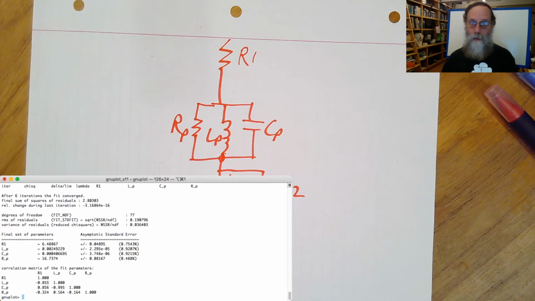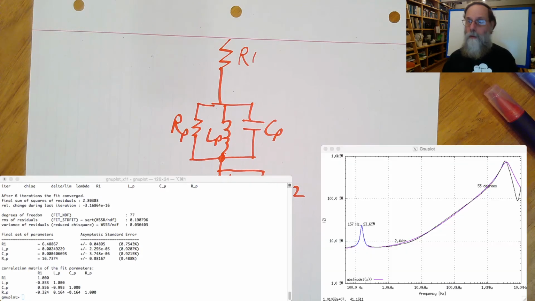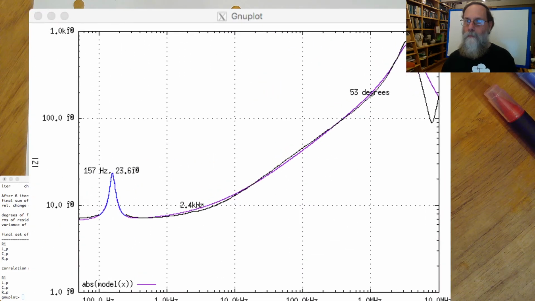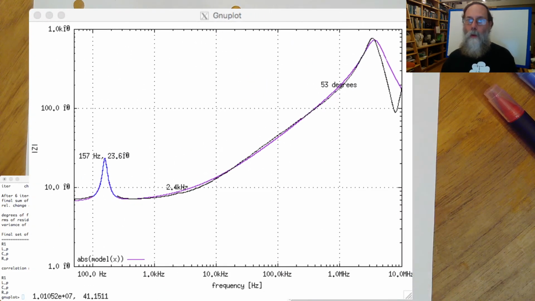And now let's take a look at the curve we get. And maybe I can make this a little bigger. This version of GNU plot doesn't like the ohm symbol, so it's messing those up.